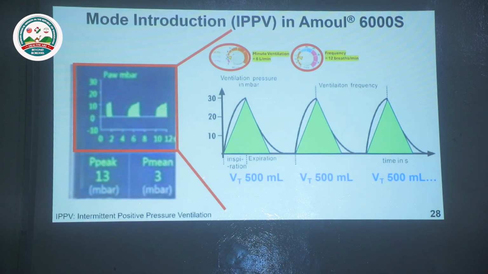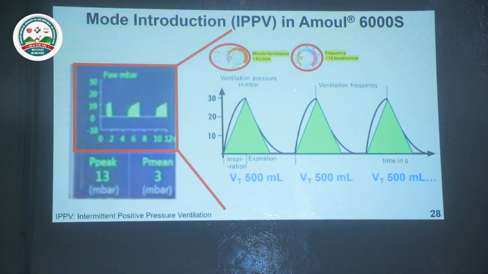Okay, so from the waveform, we can see that this is a pressure time curve. The x-axis shows the time in seconds, the y-axis shows the pressure level. So in IPPV mode, intermittent positive pressure ventilation, for each green triangle, it means that the ventilator has delivered 1 breath, and this breath has a tidal volume of around 500 ml.